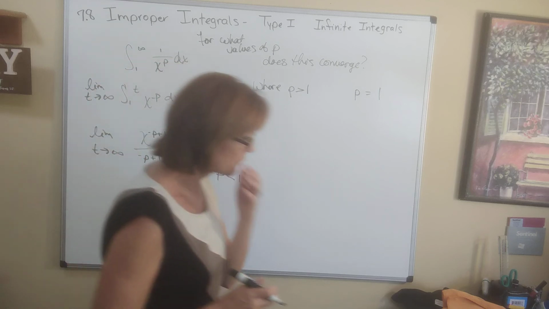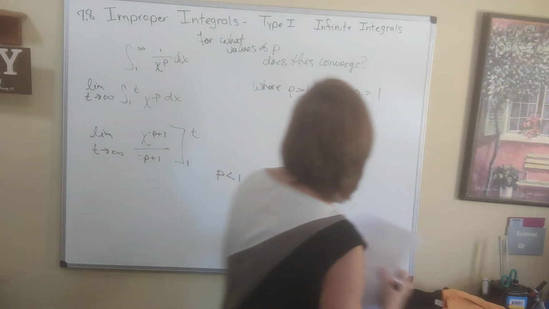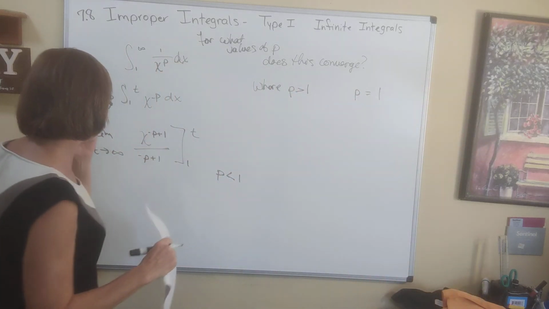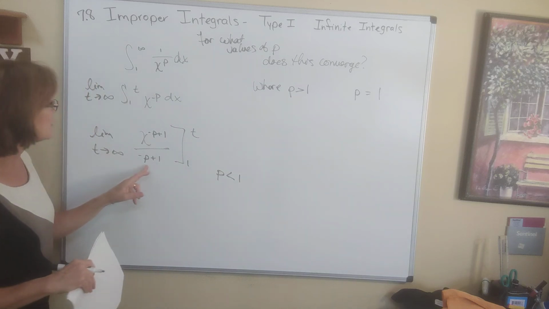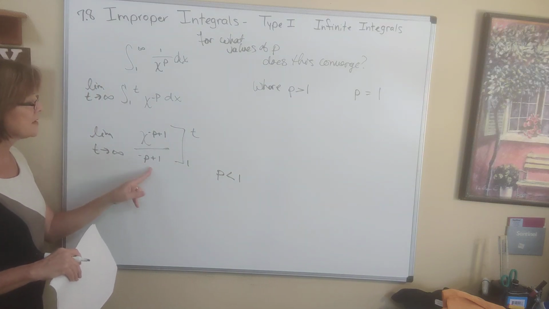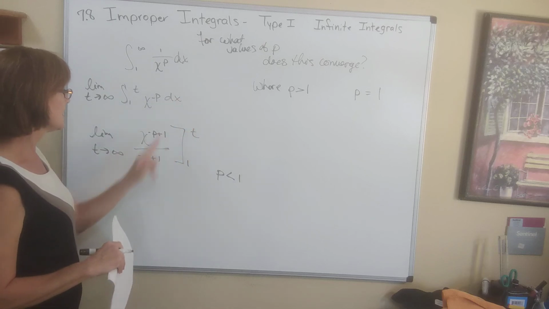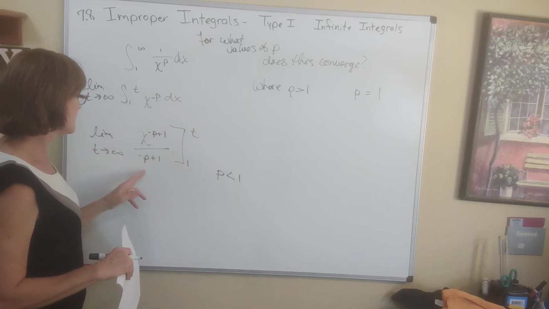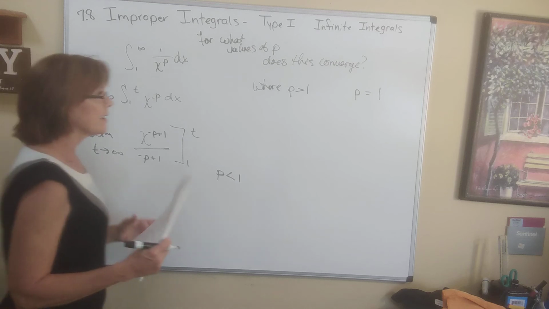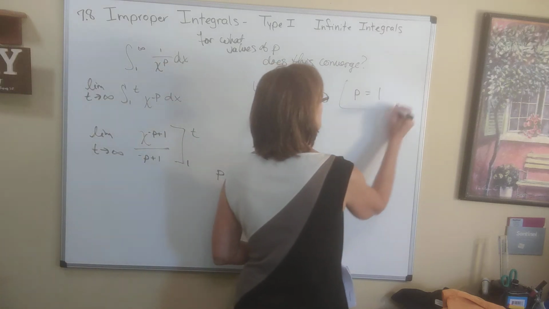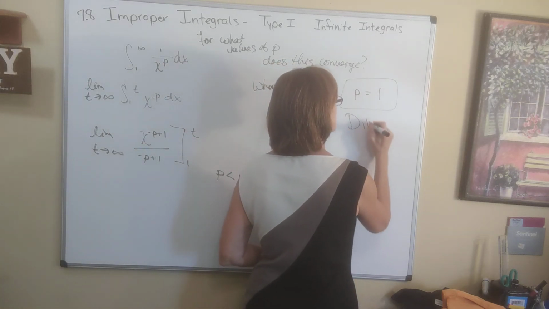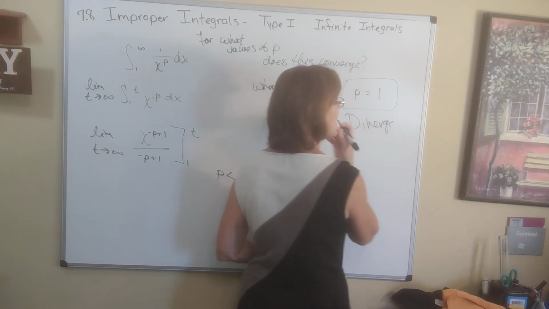These are the cases we'll break this up into. So let's consider if p is equal to 1. If p is equal to 1, we're dividing by 0, and this is going to infinity. So this is a problem. That case is divergent. It does not converge here.